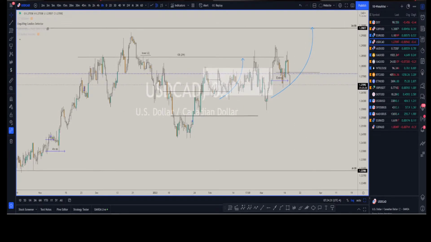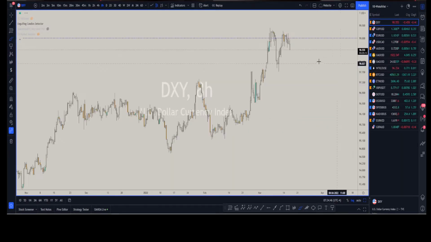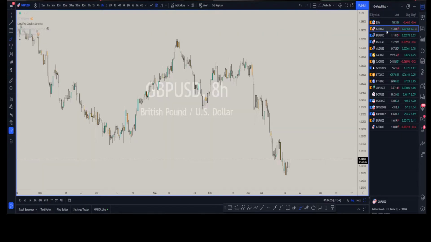When I see UCAD make a swing high, most likely it is targeting these areas. If it is targeting these areas, that means this is coming down. So that's why I'm taking it easy today.